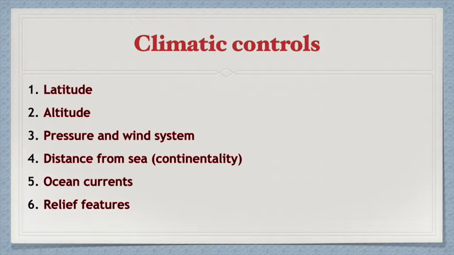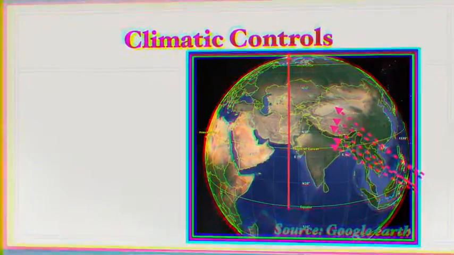First parameter is latitude, second is altitude, third pressure and wind system, fourth distance from sea, how much distance a place is located from the sea, then ocean currents, there are warm currents and cold currents, both affect coastal areas, then relief features, various physical features, how they will affect the climate of that region. These are all the things we are going to study. First is latitude.